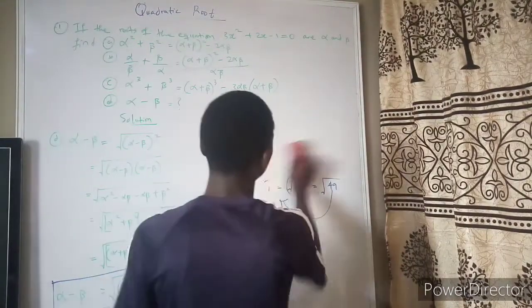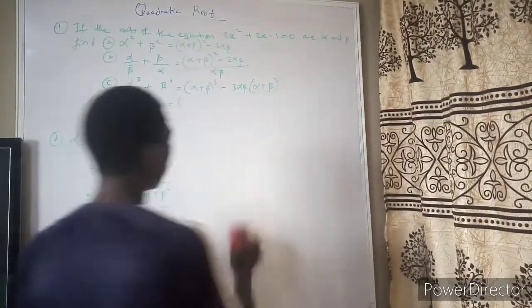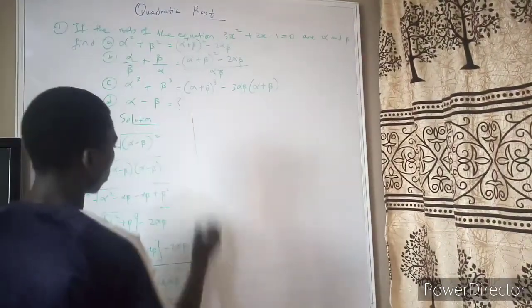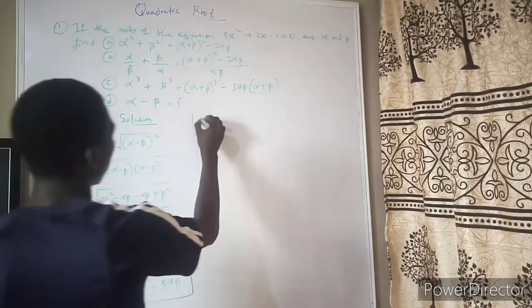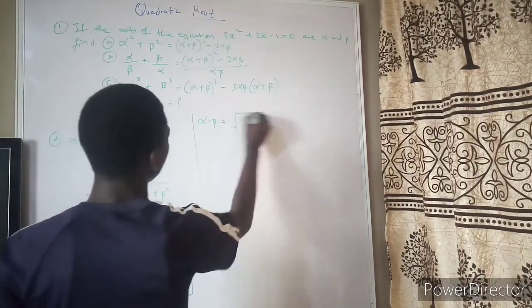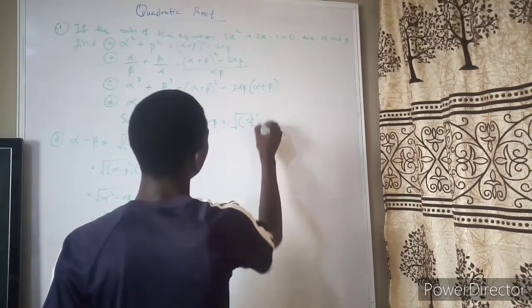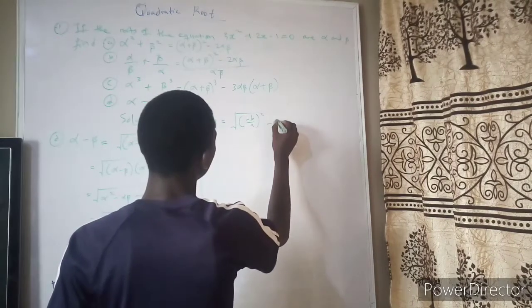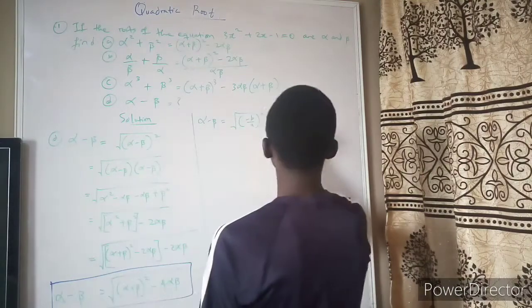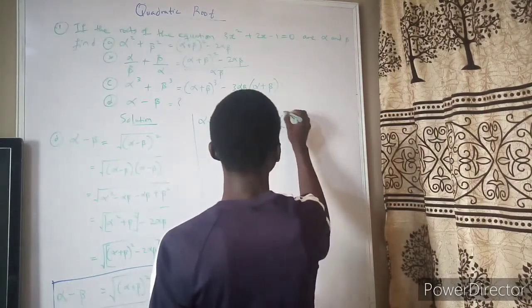So let's deduce it in terms of A, B, and C. So I can say my alpha minus beta is equal to the square root of alpha plus beta, which is minus b over a, all squared, minus 4 alpha beta, which is c over a.